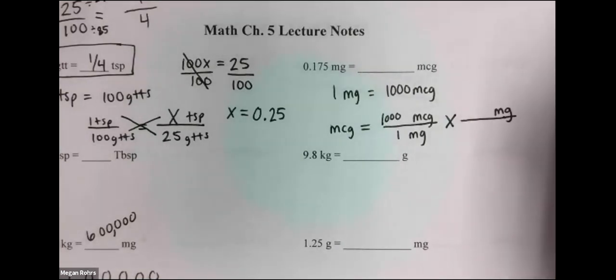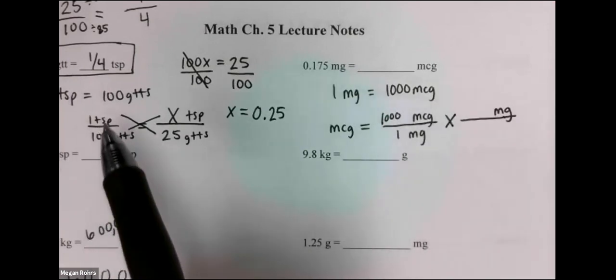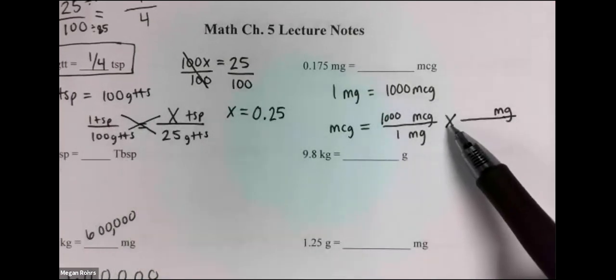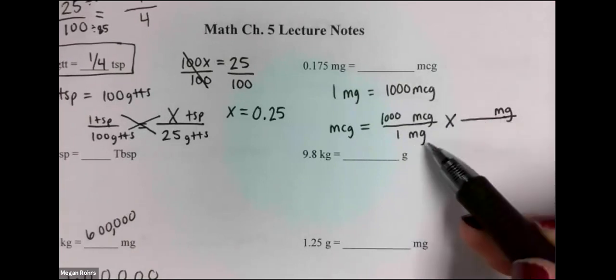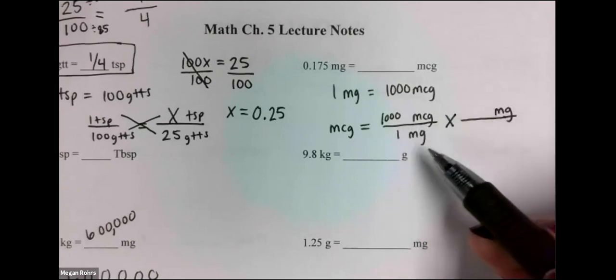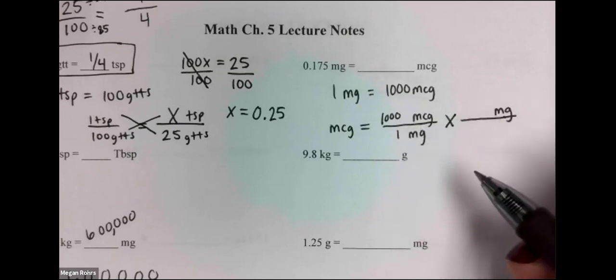So this is different than ratio and proportion, okay? Remember, in ratio and proportion, our units were equal, okay? Now that we're multiplying, the reason why we want these units diagonal is so that they can cancel out. Because if I had milligrams over milligrams, those units would cancel.